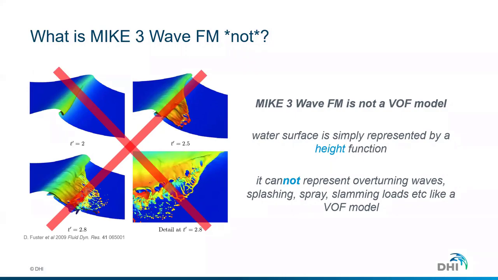When you're trying to model, let's say, an overturning plunging breaker, we cannot resolve the actual overturning wave as we are describing the surface elevation only using a height function, but we can represent waves such as surging and spilling type breakers.